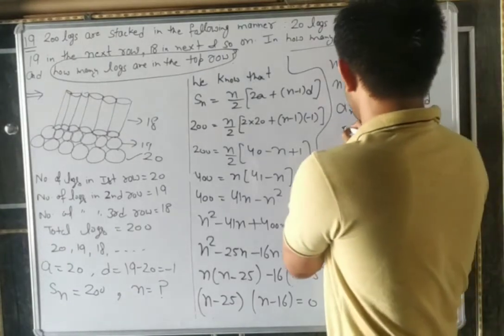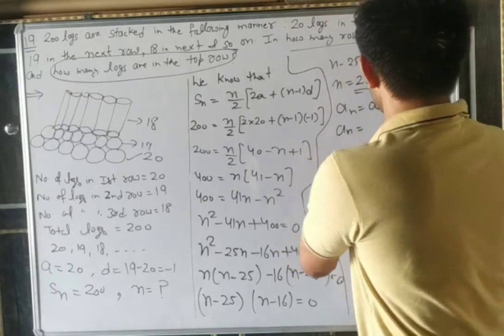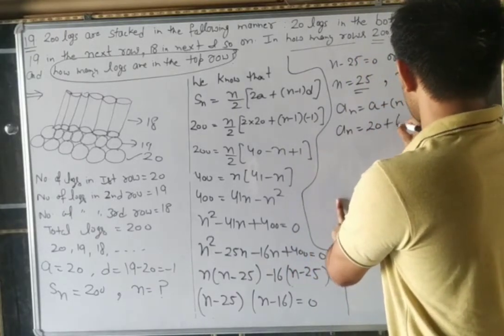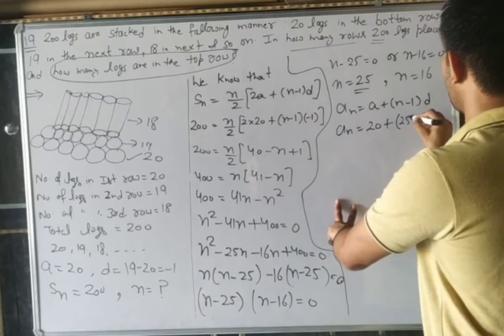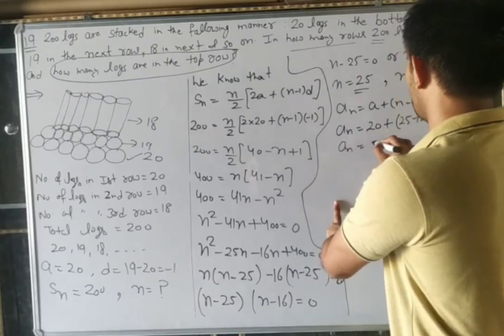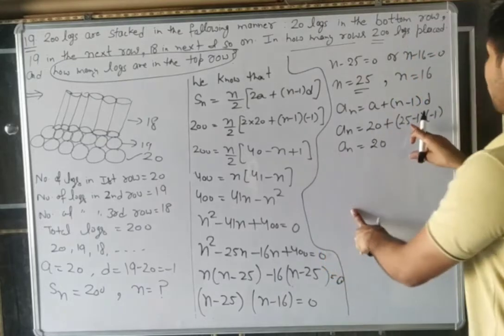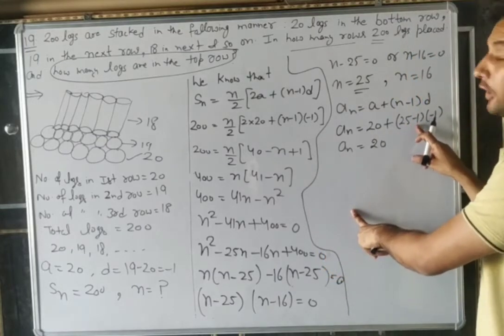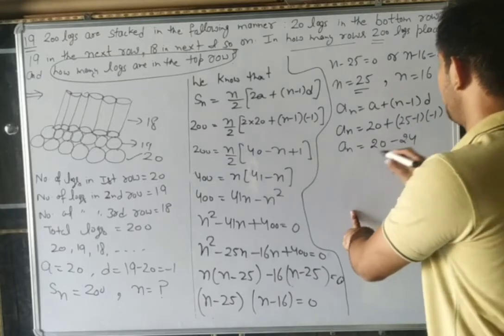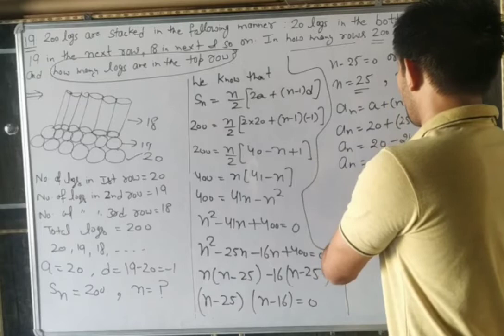So aₙ = 20 + (25 − 1) × (−1). aₙ = 20 + 24 × (−1), which is −24. It means aₙ = −4.